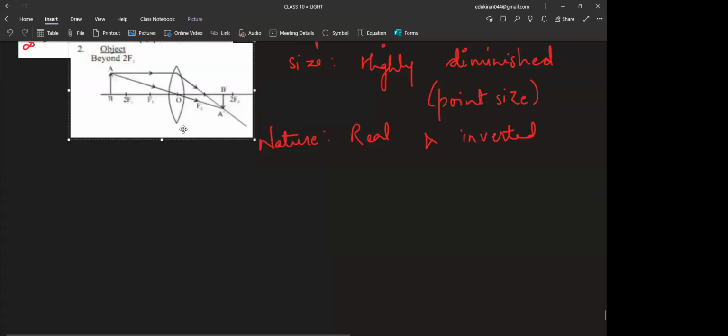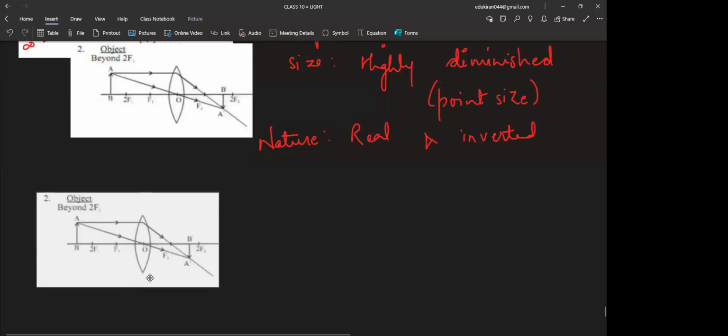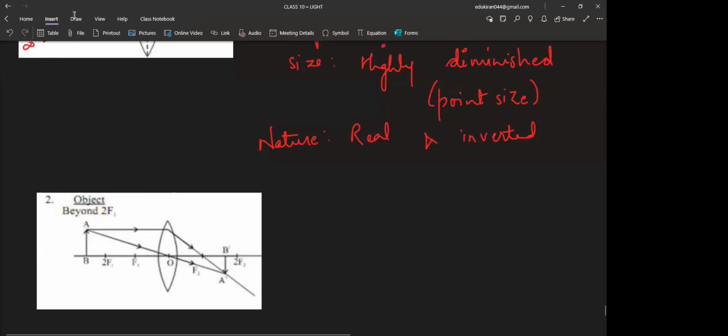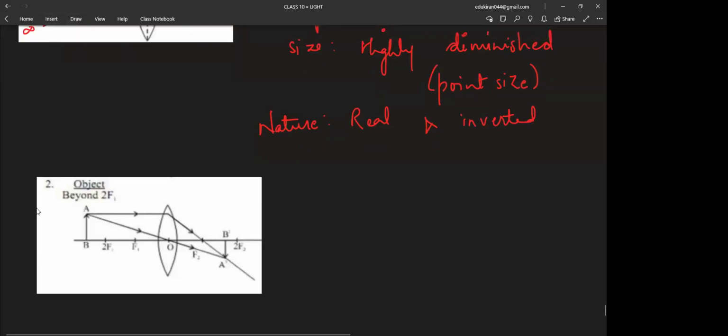We have brought the object a little closer. Earlier it was at infinity. Now here we have the object. This is the object distance from the optical center. This is the image distance.